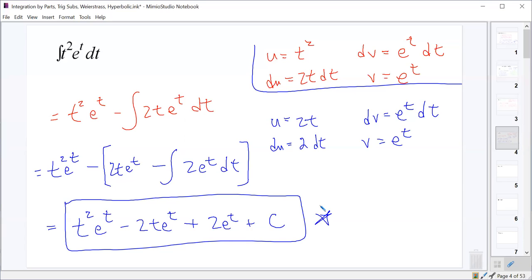For example, if your u was two of the functions multiplied, you'd have to use the product rule for your du. Or if your dv was two functions multiplied together, you'd probably have to integrate it using a u substitution to get your v value. But it's possible that could happen. Okay. All right. Any other questions before we go on to the next one?